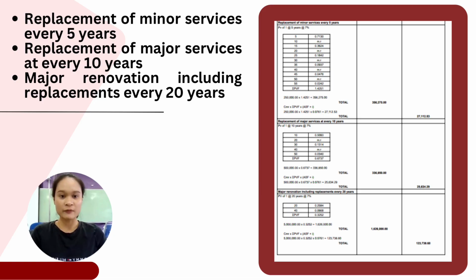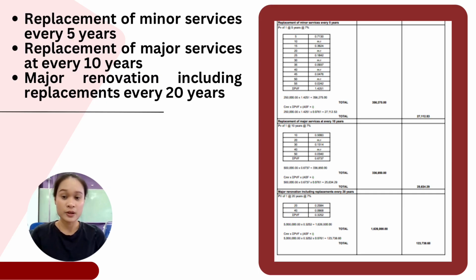Next, for the replacements of minor repairs every 5 years, we refer to the present value PV of 1 for every 5 years interval at a 7% interest rate. However, since the question also includes the replacements of major services every 10 years and major renovation including replacements every 20 years, we exclude those related years from the 5 years calculations to avoid overlapping the replacement cost.